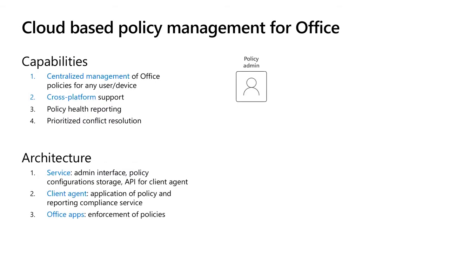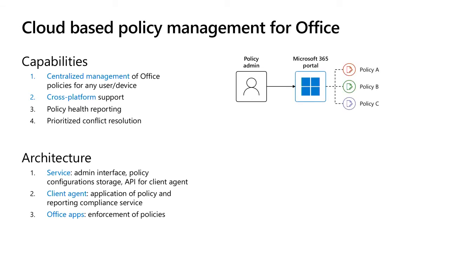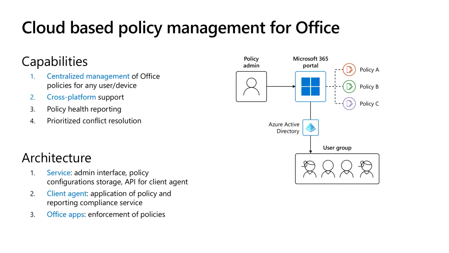So how does this service work? There's basically two parts to it. There's the admin experience, where you sign into our service, you go configure the policies, and you target them to a set of users. And then there's the user experience where they sign into Office 365 using their Azure AD identity, and they have an Office 365 ProPlus license activated and assigned to them.